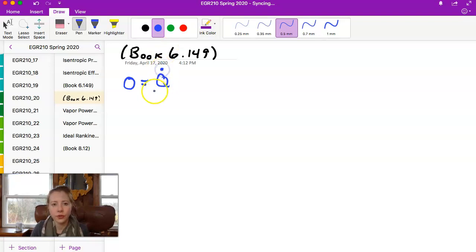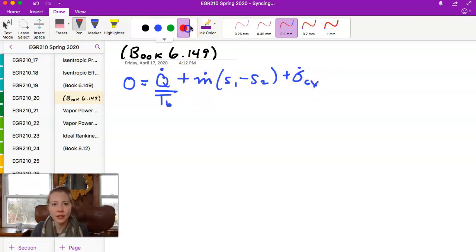Q over T_b plus m dot (S1 minus S2) plus our entropy produced for the control volume. So we're looking for the entropy produced on a mass basis.